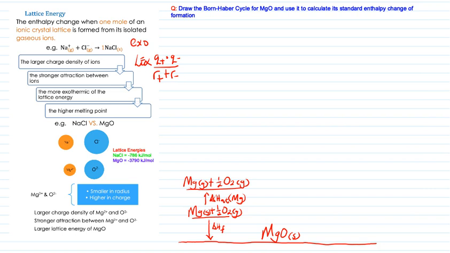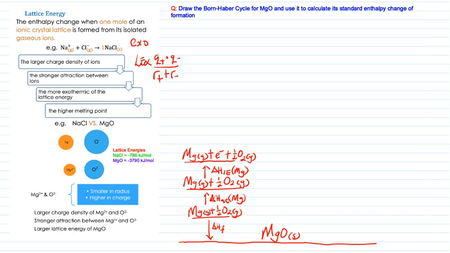Next step is enthalpy change of first ionization energy of magnesium. Magnesium in gaseous state plus we are losing one mole of electrons plus half a mole of oxygen.